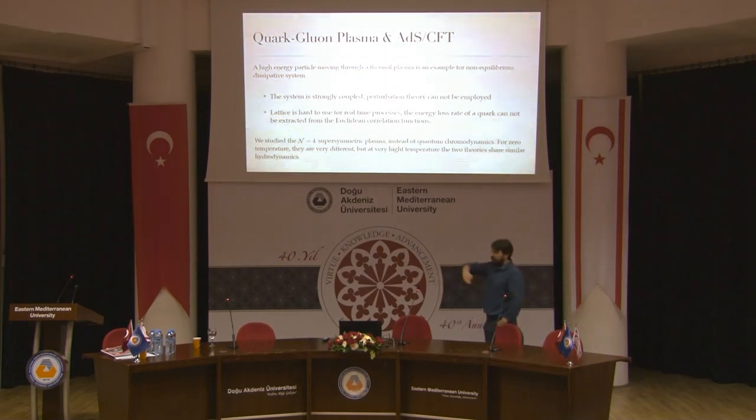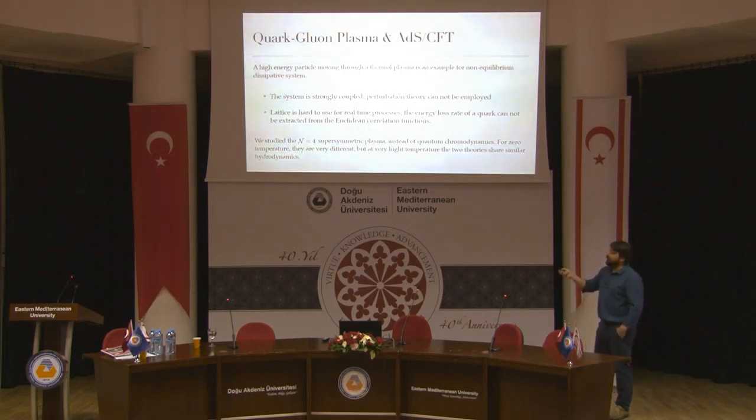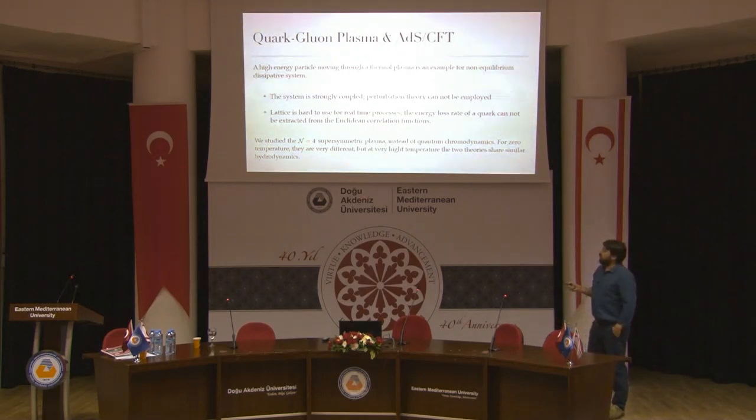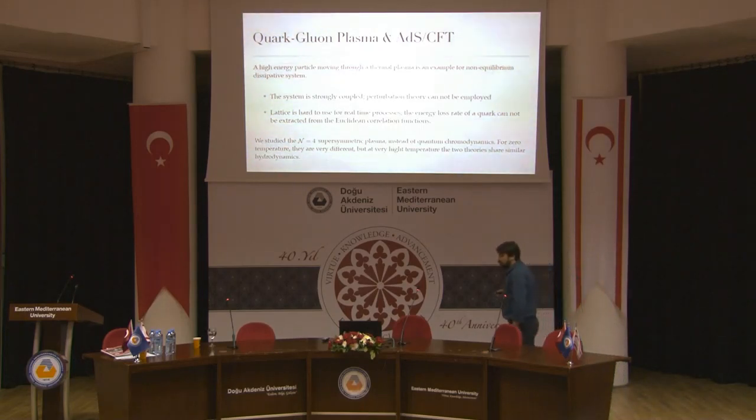So you want to go up to 3/2 and stop there. That's why we can have at most 16 supercharges in 4 dimensions. That corresponds to N=4. So this theory is very rigid. You can only change its gauge group, that's it. But its hydrodynamic behavior at high temperatures is very close to QCD.